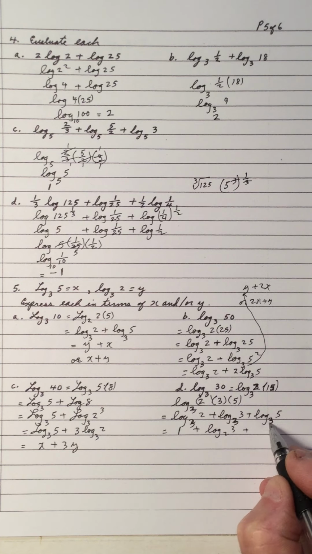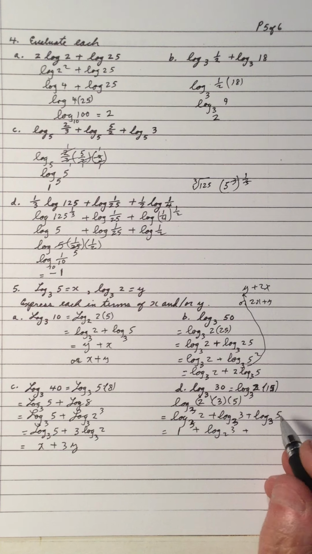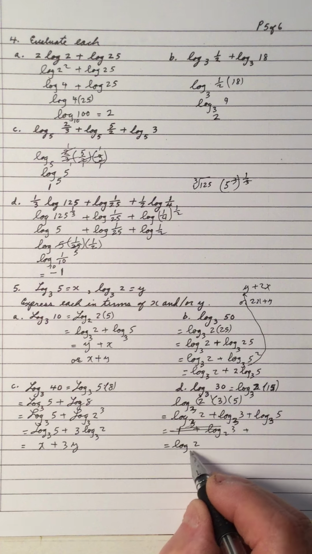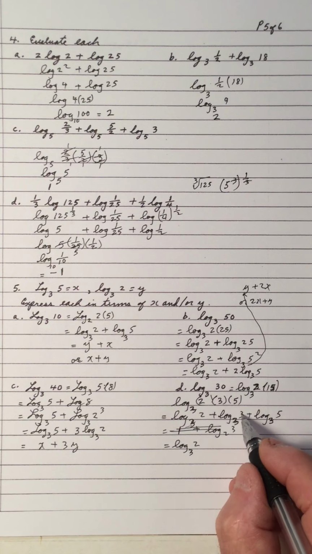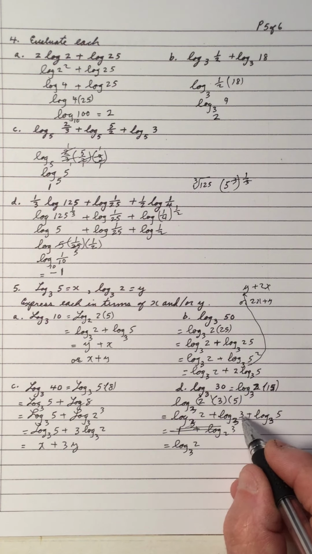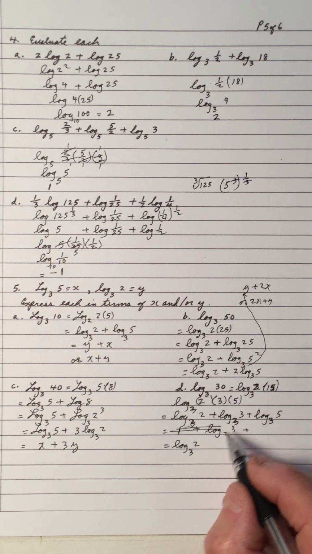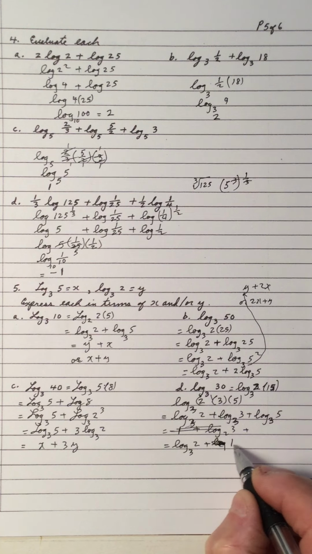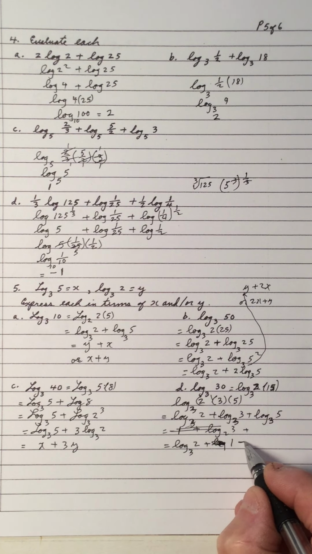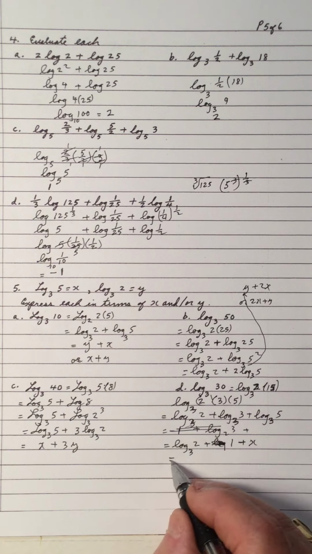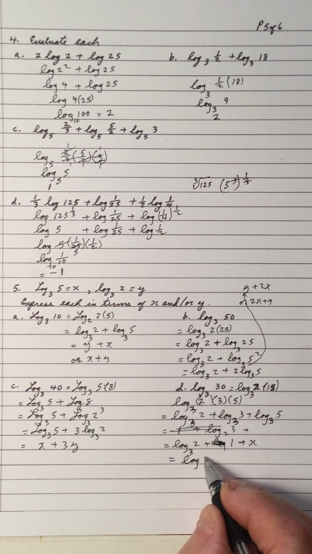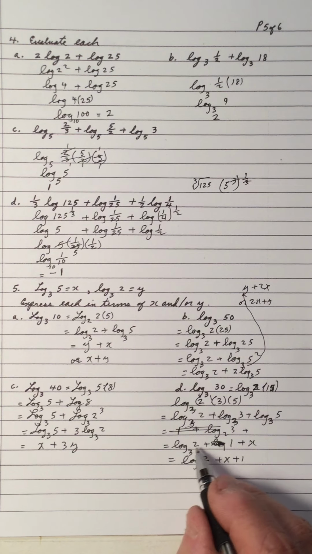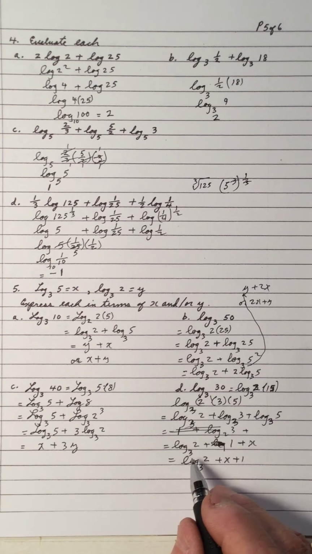These are 3's. And so I can't change that one. Log 2 base 3, that's a 1. And the log of 5 base 3 is an x. So we can't change this one. But we got an x plus 1. So we can't change the log of 2 base 3.